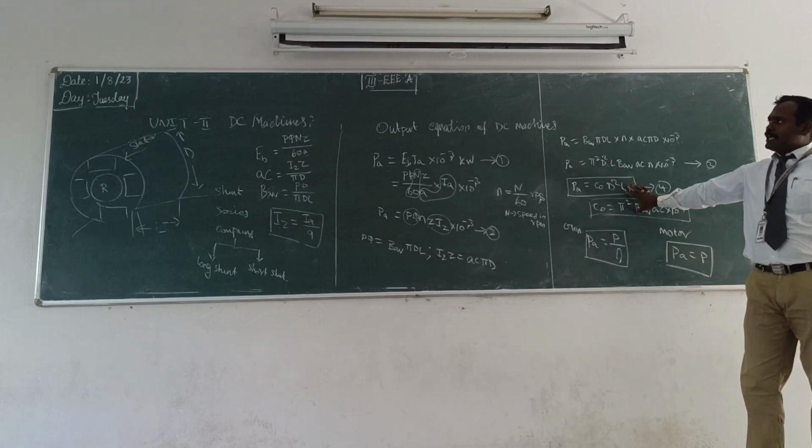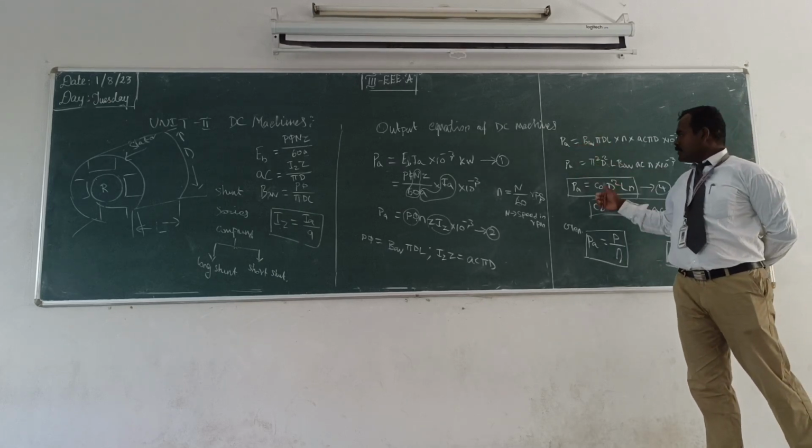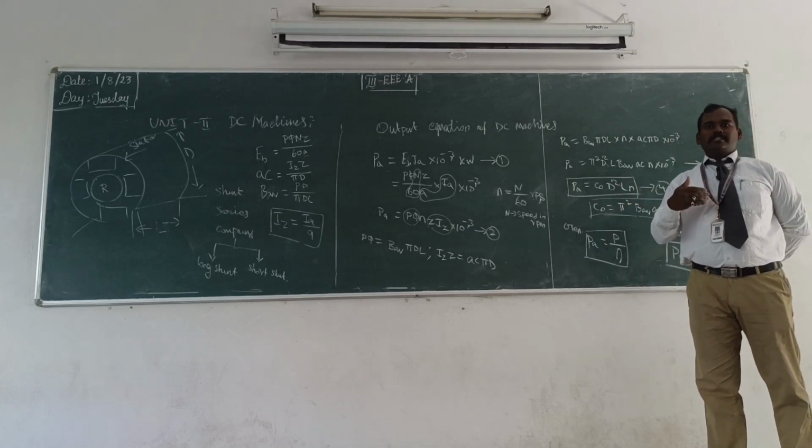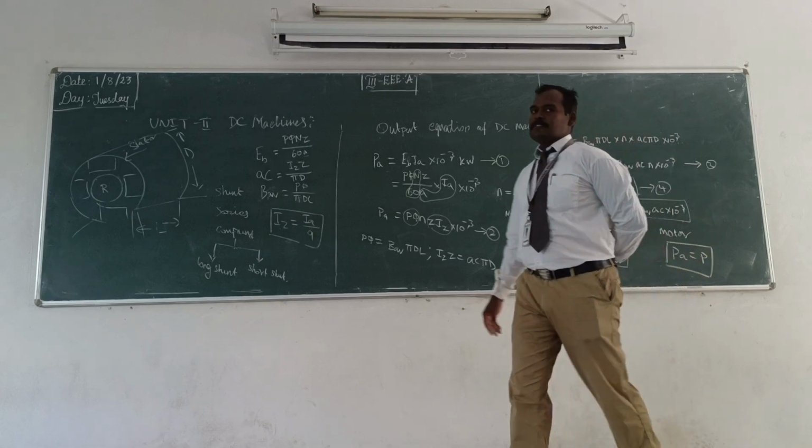So this is the output equation of DC machines. From this output equation we can find the diameter and length of the machine, which we will discuss in the next session. Thank you.